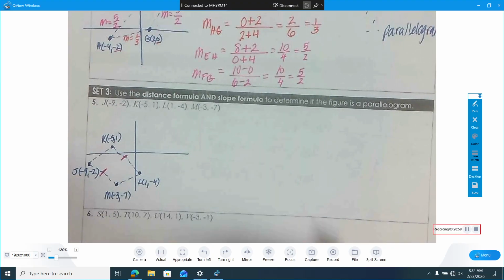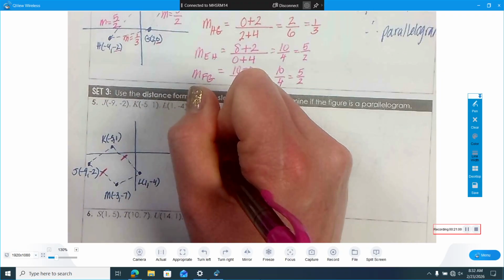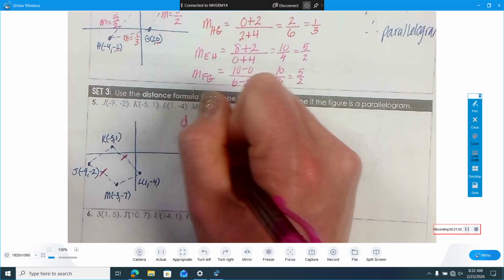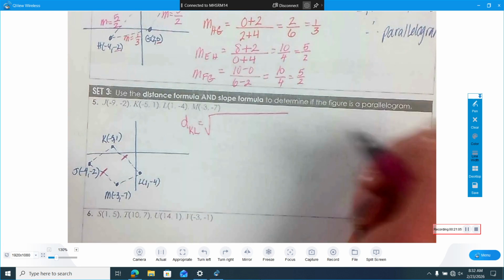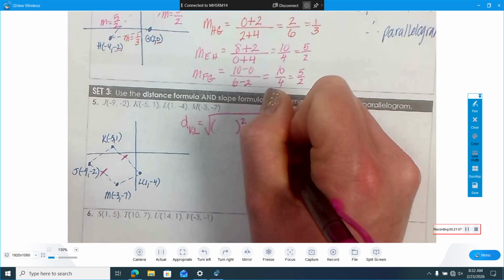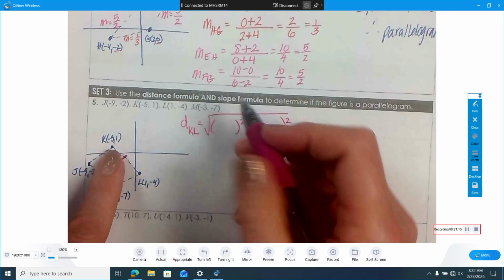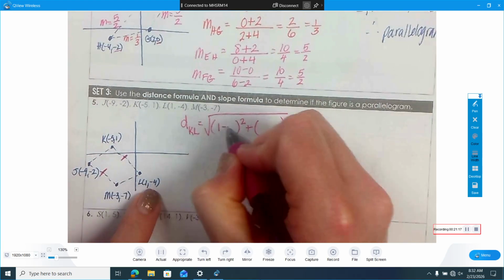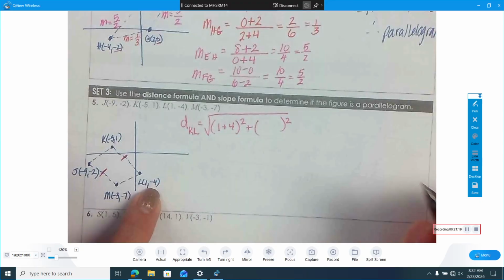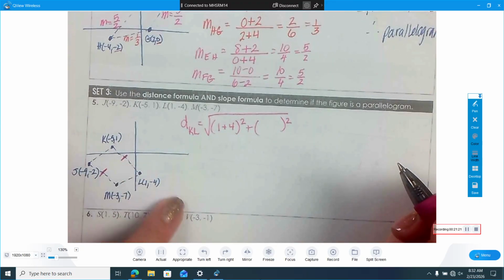So first I'm going to use the distance formula. So I want the distance between K and L. So I'm going to set up my giant radical, set up my structure. So I'm going to do 1 minus a negative 4. Oh, those are y's. That's fine.